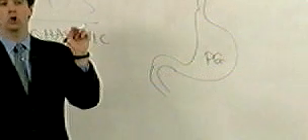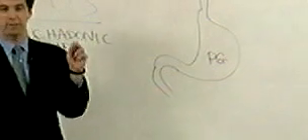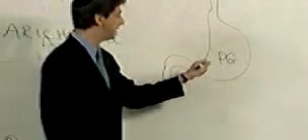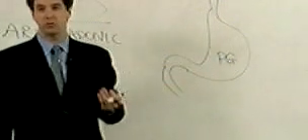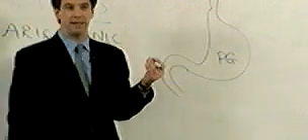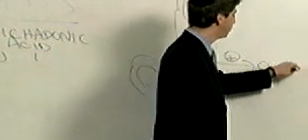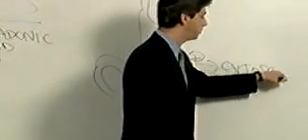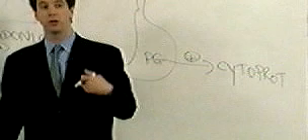In the GI tract, specifically in the stomach, prostaglandins are good. Okay? Prostaglandins in the stomach are good because they help protect the gastric mucosa from acid injury. Prostaglandins are important in stimulating cytoprotection, protection of the gastric mucosa cells by stimulating bicarbonate and mucus.